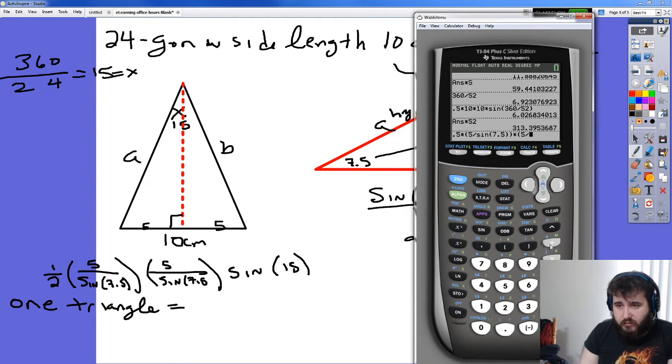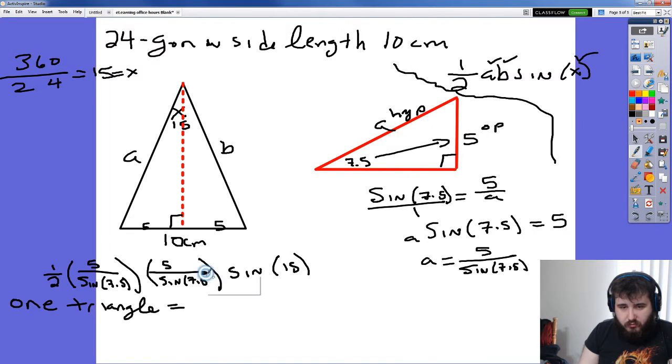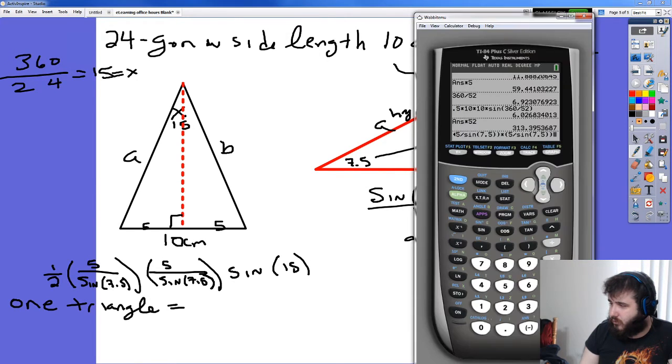Times 5 divided by sine of 7.5, double close parentheses. Again, you've got a close parentheses here, you've got a close parentheses here. Times the sine of 15. Make sure to close parentheses there too.